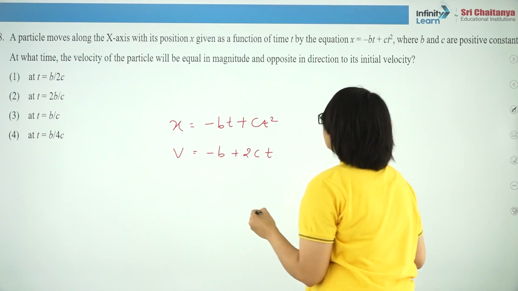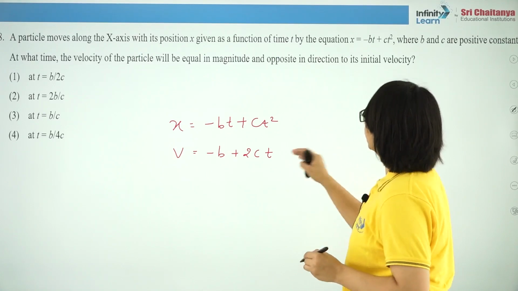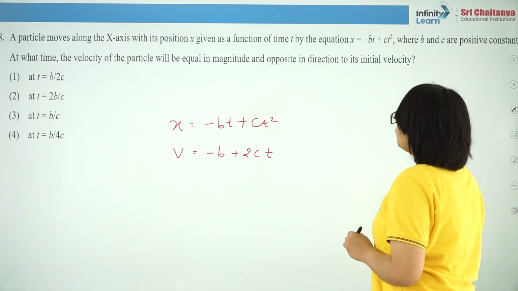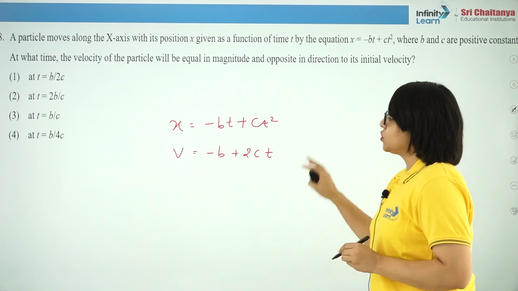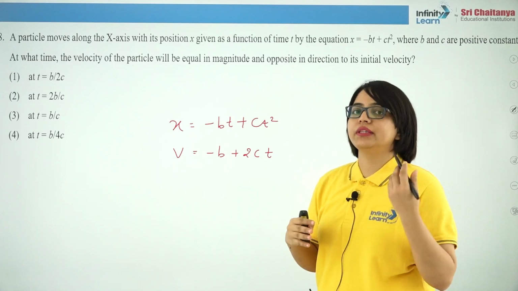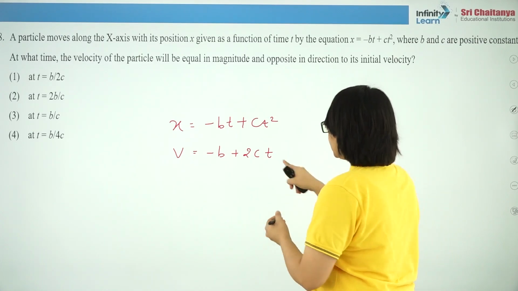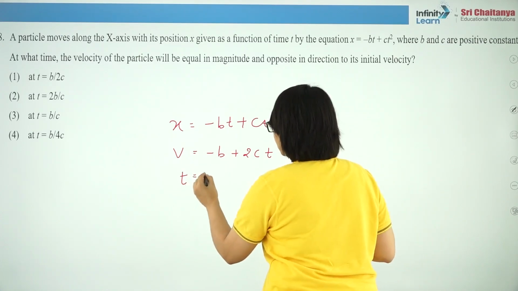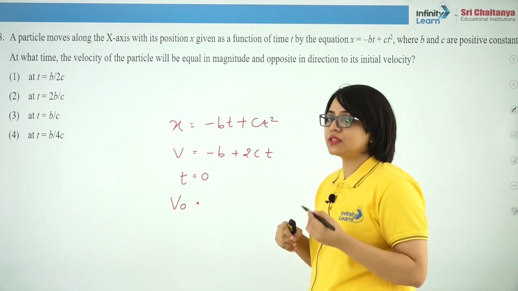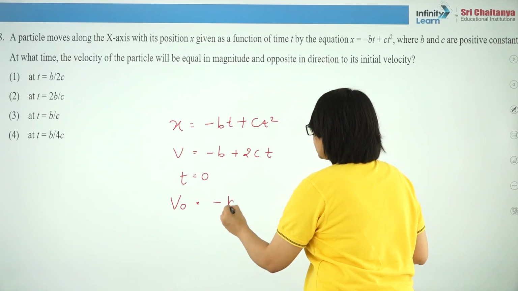On differentiating velocity you will get acceleration, right. So, we need to find the time at which the velocity will be opposite to the initial velocity. So, put t is equals to 0 in this equation, you will get v0, that is velocity at t is equals to 0 will be minus b.